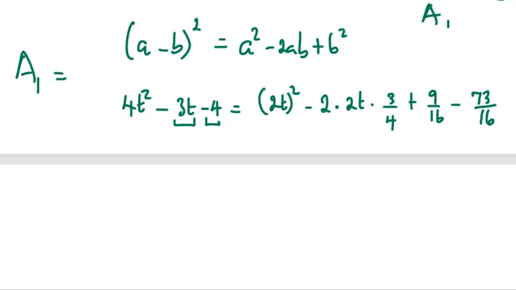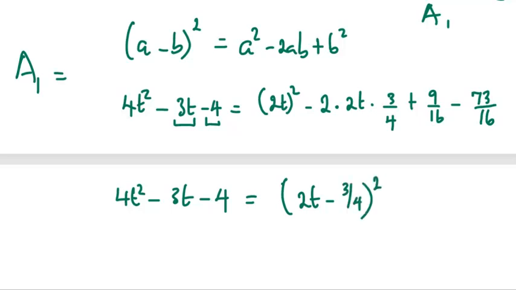Now from here, we're going to see that 4t squared minus 3t minus 4 is equal to, so that will give us 2t minus 3 all over 4, right? Minus 3 all over 4 whole squared. And do not forget we have a negative 73 all over 16.